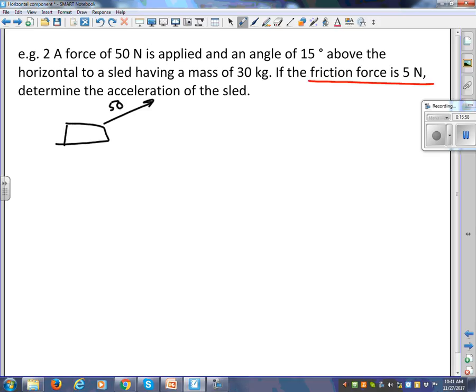50 newtons, 15 degrees. That's my FAX. And my friction force is going to be backwards, and it's going to be -5. So what does that friction force of -5 do? It's going to reduce the acceleration.